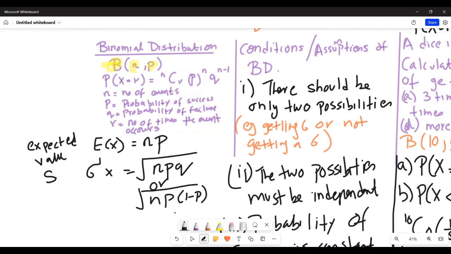This is standard deviation. So that means if you're asked to find variance, that is the square of the standard deviation, and that's just going to be npq.